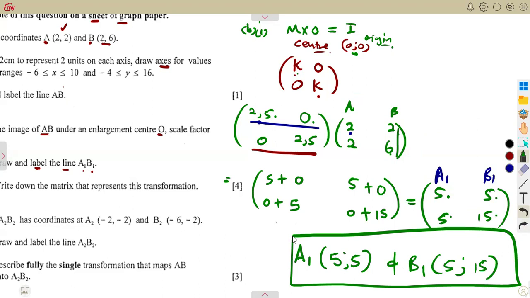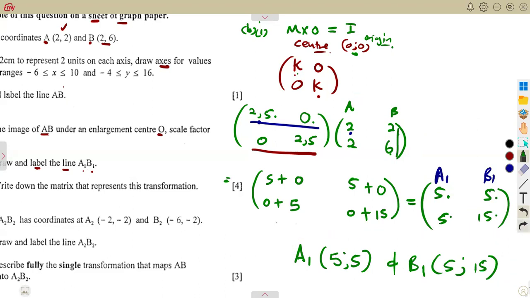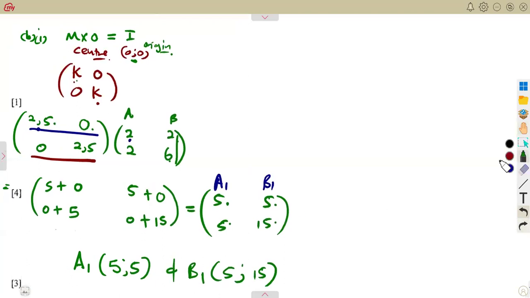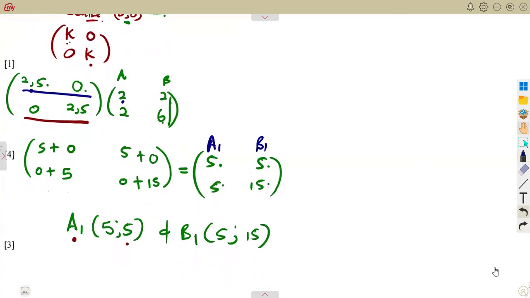These coordinates are the ones that you're going to focus on to have our line A1B1. With A1 being 5, 5, you mark that point where X is 5 and Y is also 5. Considering the scale that you are given, you have to put in place the scale. At the end, you must consider the presentation of your scale.